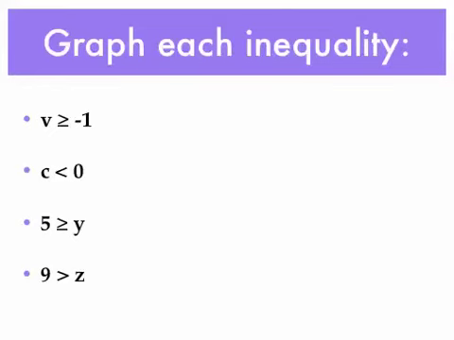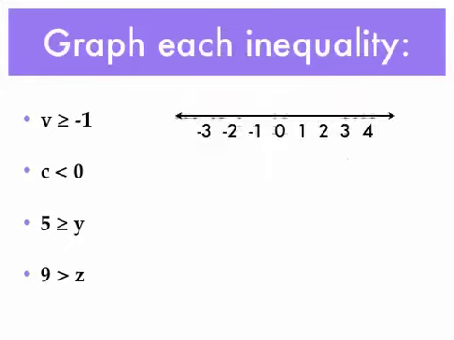The next examples ask us to graph each inequality. Notice the first one says V is greater than or equal to -1. To graph an inequality, I need to have a number line. Notice I have numbered -3 through +4. Your number line doesn't have to be those numbers, but what number has to be on your number line is -1, because it says V is greater than or equal to -1.